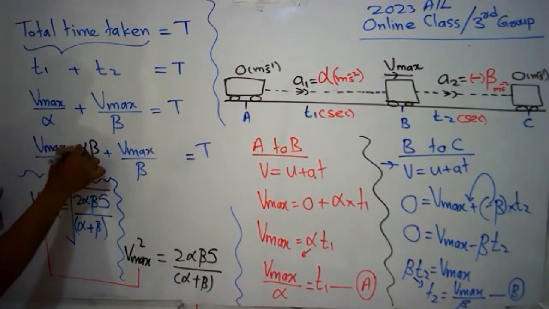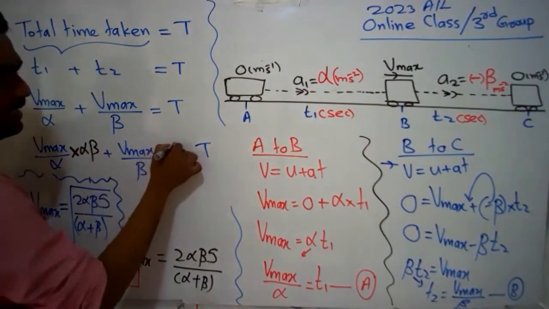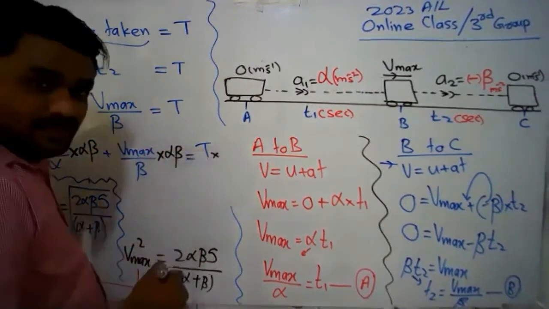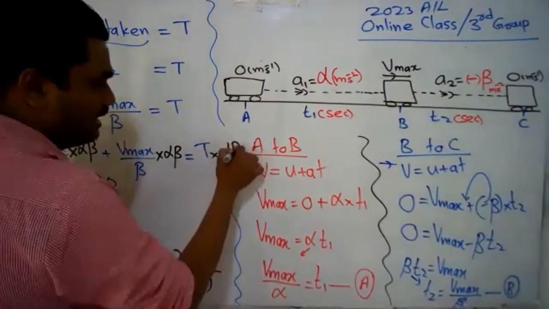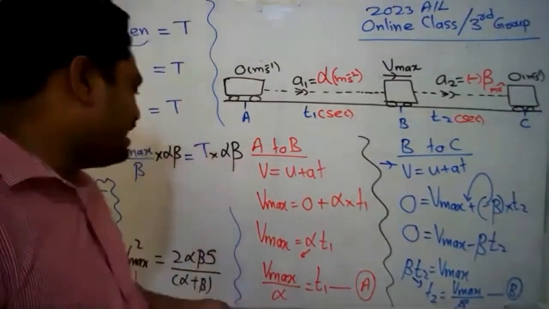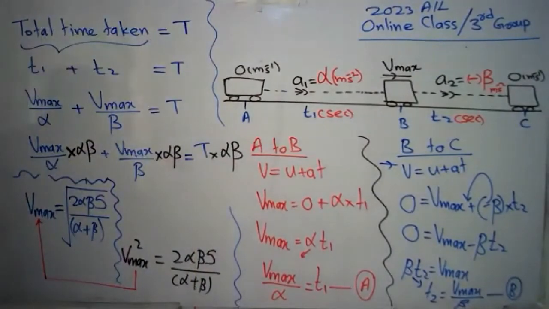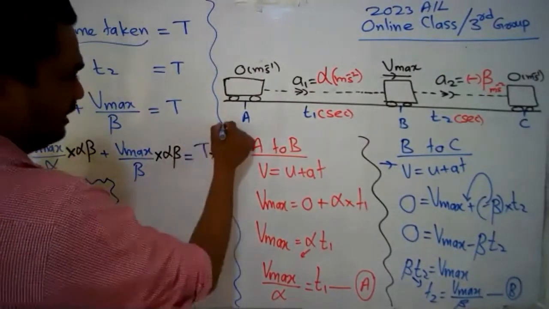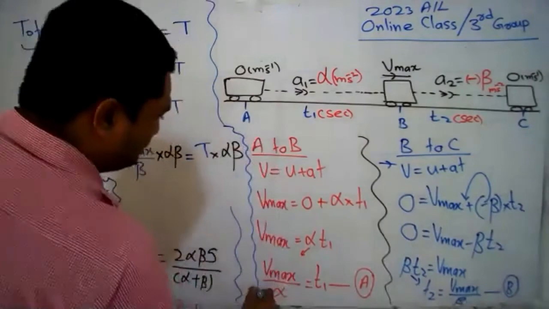Similarly, multiply this term also by alpha beta, and multiply this also by alpha beta. So we have multiplied all the terms by alpha beta. Complete it here.